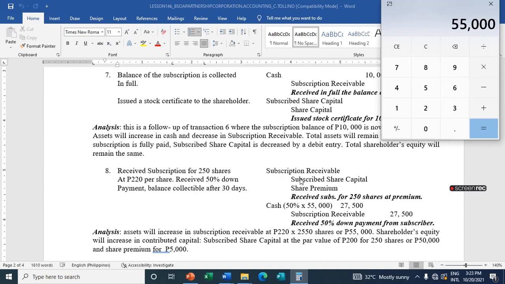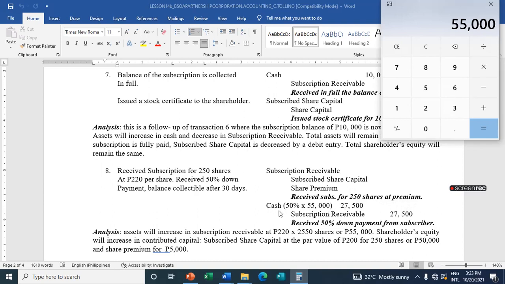Ang entry mo is subscription receivable, subscribe share capital, and subscribe share premium. So, ang subscription receivable mo is 55,000 and subscribe share capital mo 50,000, share premium 5,000. So, receive subscription for 250 shares at premium. Okay?